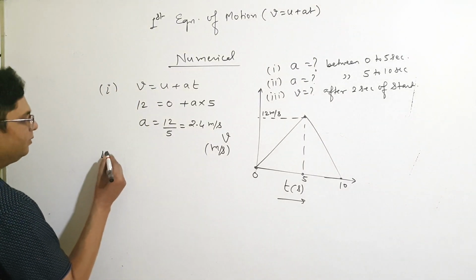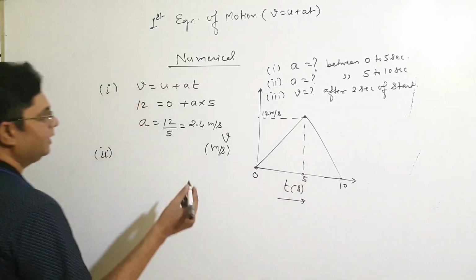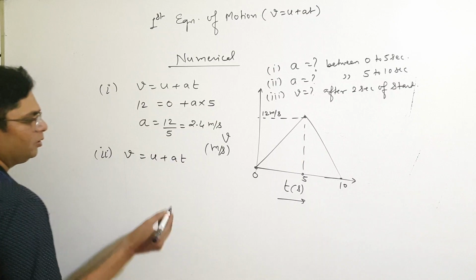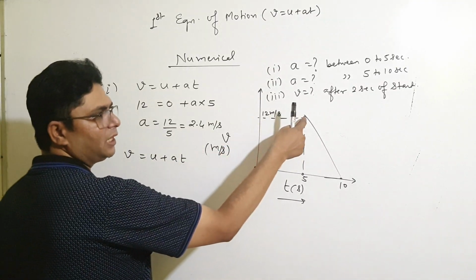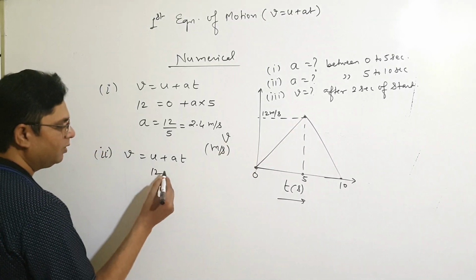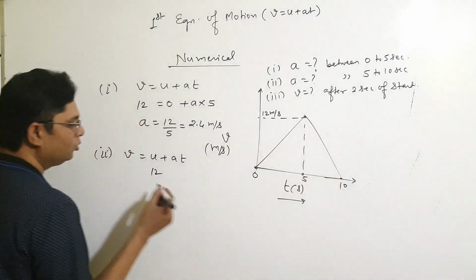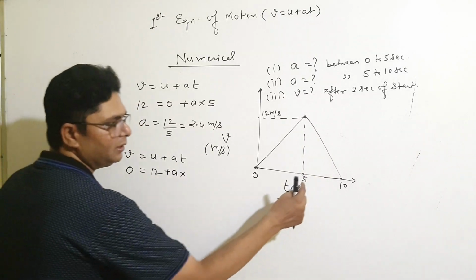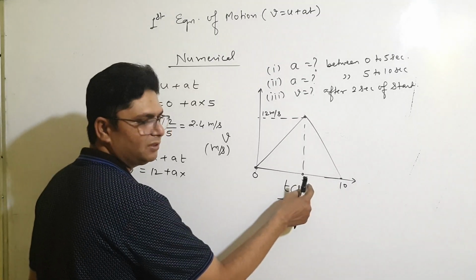Now number second, for 5 to 10 second, again you have v equals u plus at. Now see this side, here the initial speed is 12 because it starts from this point. And finally when it comes to 10 second, v becomes 0. So finally it is 0 plus a, and the time interval is between 5 and 10 second, so 10 minus 5 is again 5.